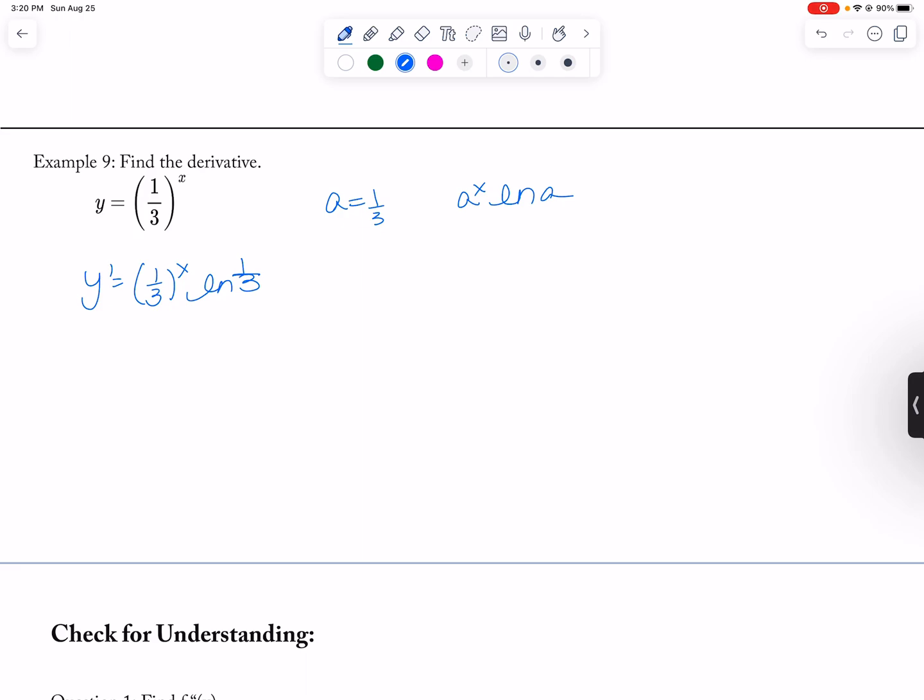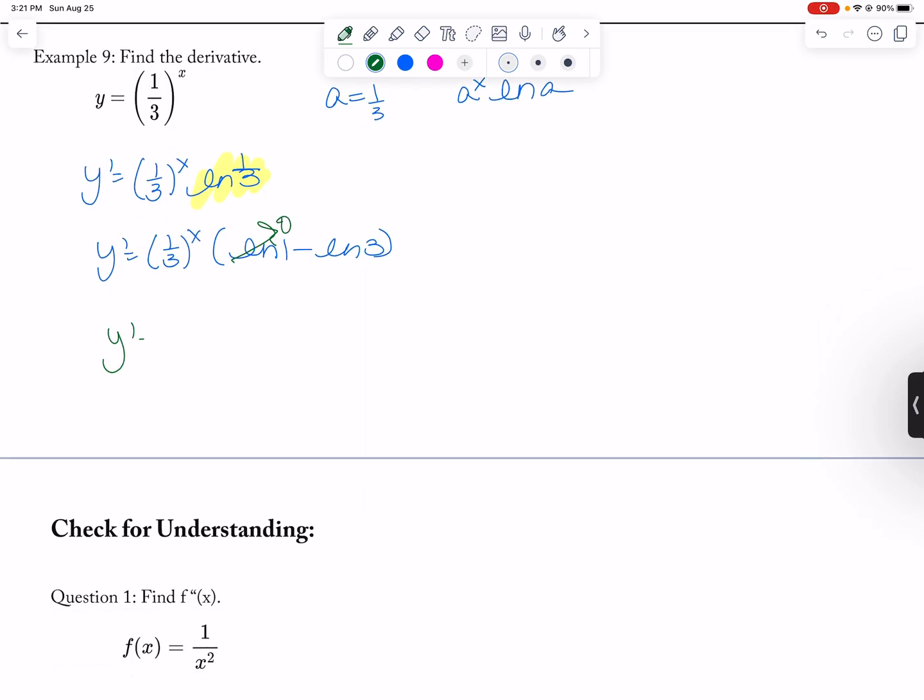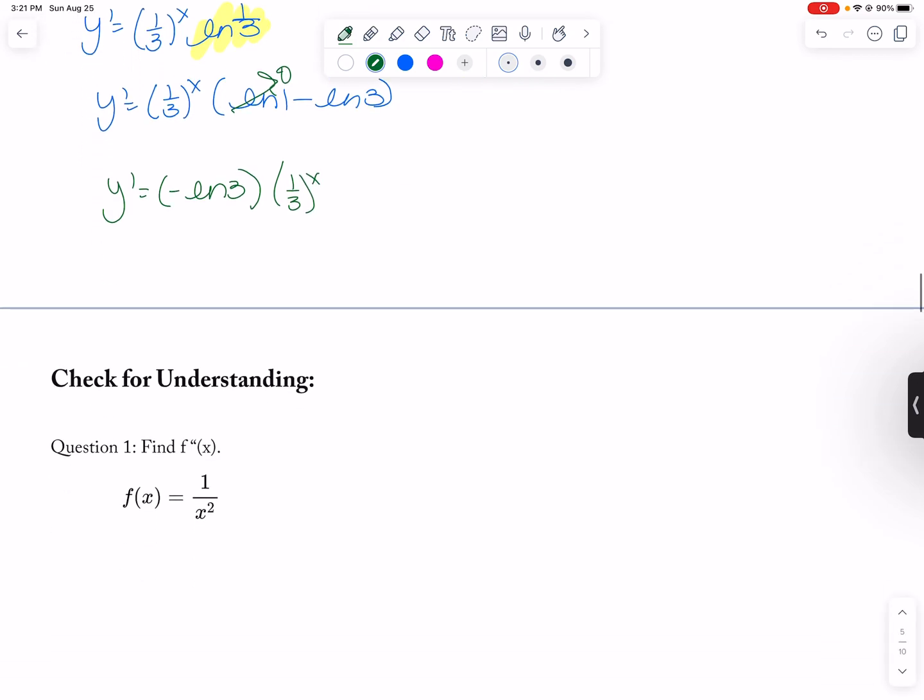Now I will tell you guys that College Board is not going to probably have that as an answer choice with that 1/3 in there. What they're probably going to do is separate this out as ln of 1 minus ln of 3. And then you know that the ln of 1 is 0. So then y prime is negative ln of 3, 1/3 to the x power.